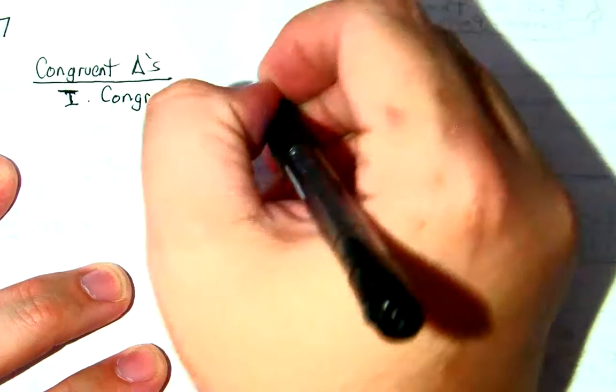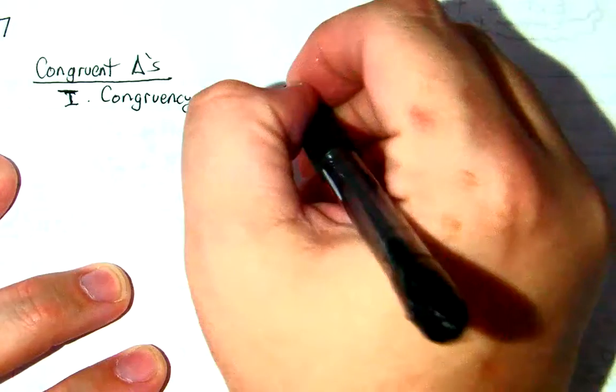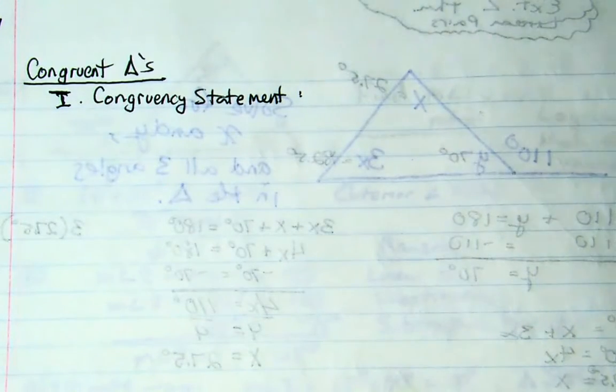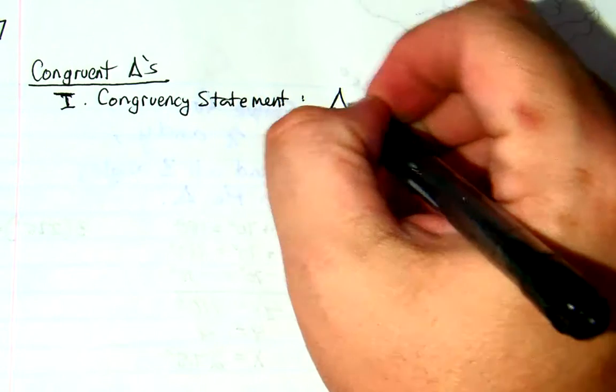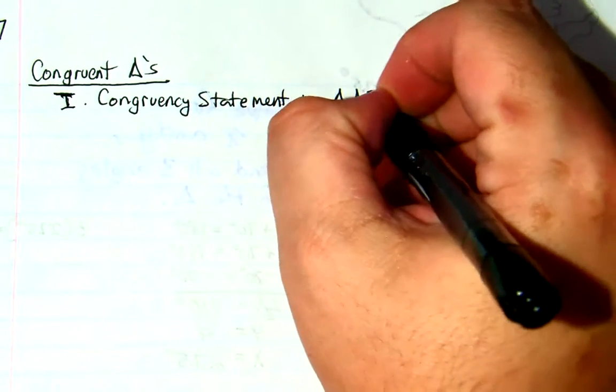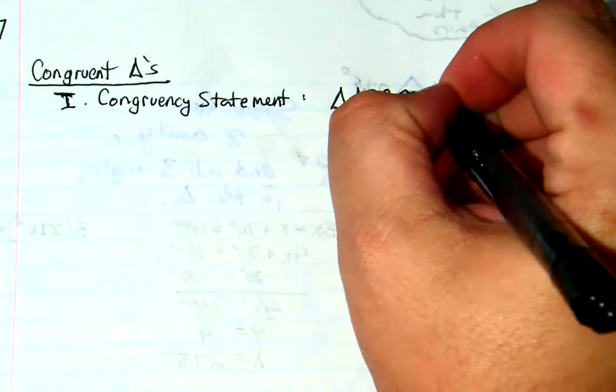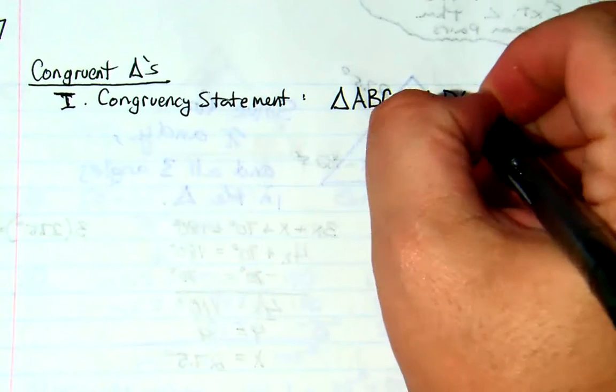And a lot of times, whatever problem or situation you have is going to start with a congruency statement. And that congruency statement is going to be this: triangle ABC is congruent to triangle DEF.